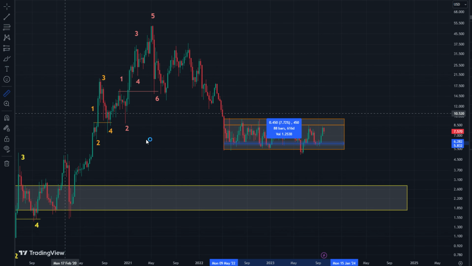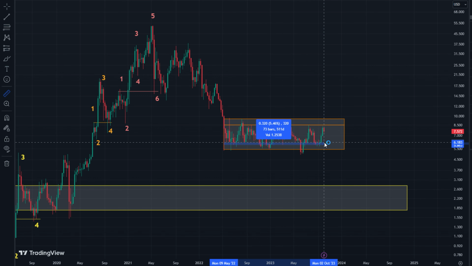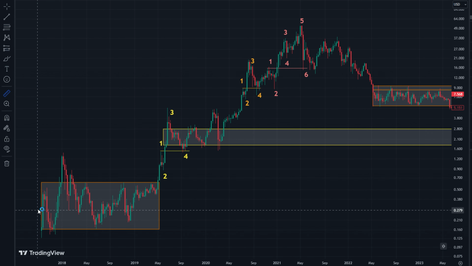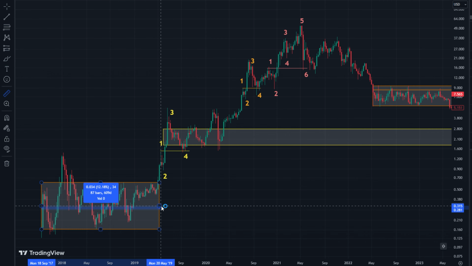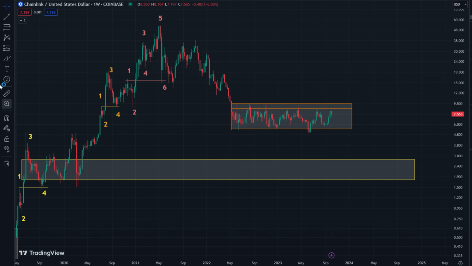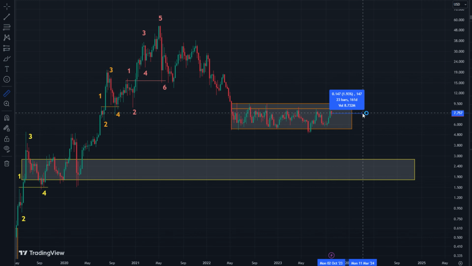In fact, if we check, excuse me, I measured that wrong. We've actually been in here for much less time. We've been in here 511 days compared to the 600 or so. So we still do have about a year's time until potentially, not a year's time, 100 days time until we break out of this range.